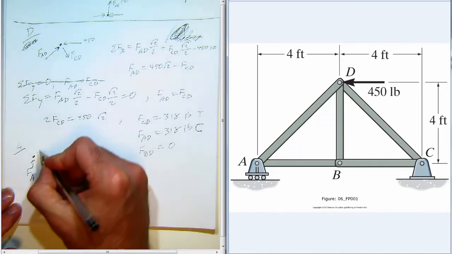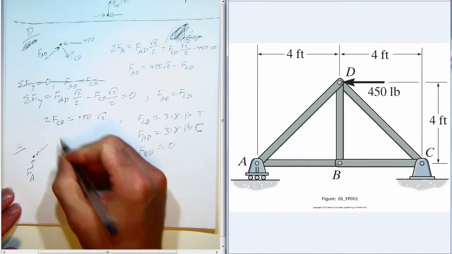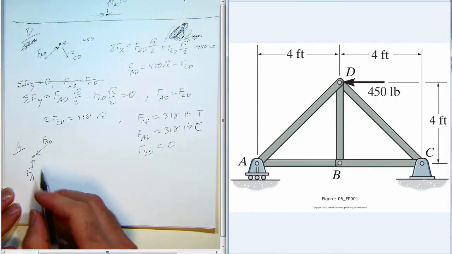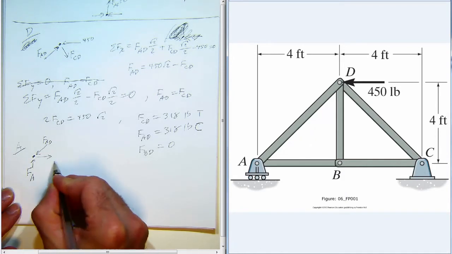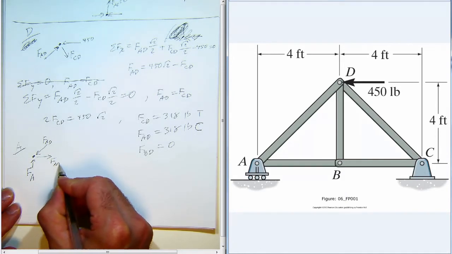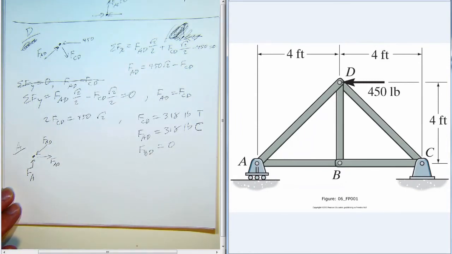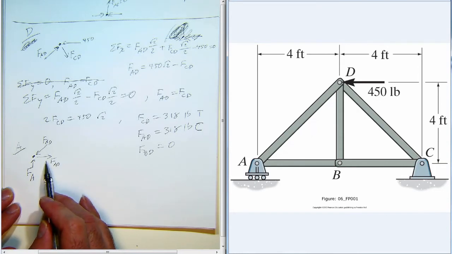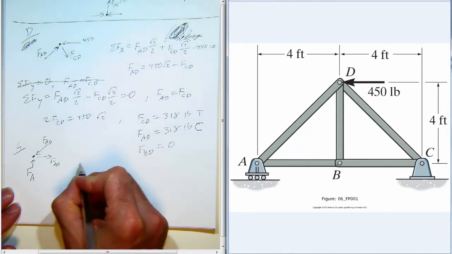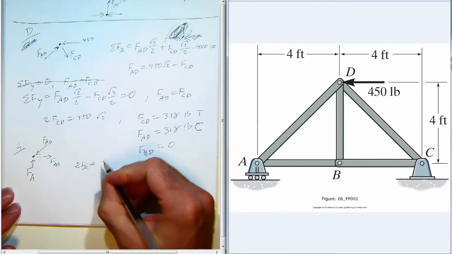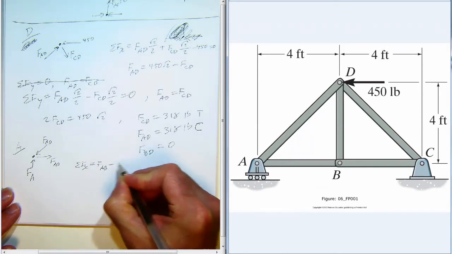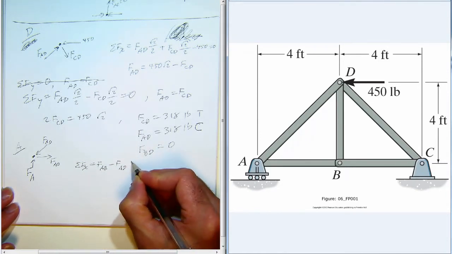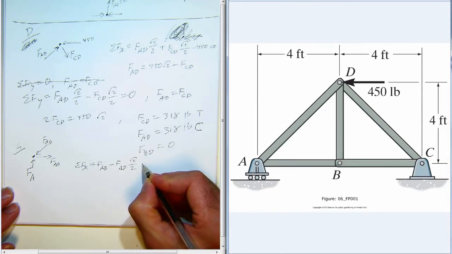So that means it's going to push on joint A, FAD, and then we have an unknown force, AB, and we can see that that needs to be in tension to balance the leftward horizontal force from AD. And we don't want to have to solve for FA, so we can just do the forces in the x direction.